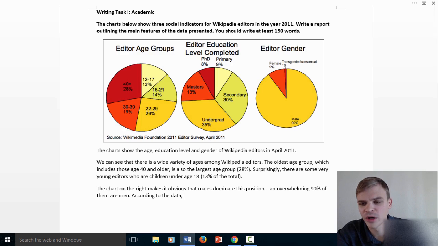Okay, so what can we say? According to the data, they seem highly educated overall. That's kind of impressive. So then that's what I'm seeing in this data. Maybe you're seeing it differently, but I'll say, according to the data, Wikipedia editors are highly educated. Now, what do I mean by that?